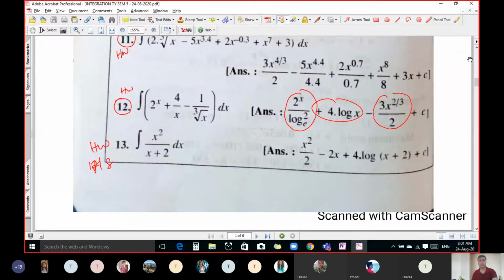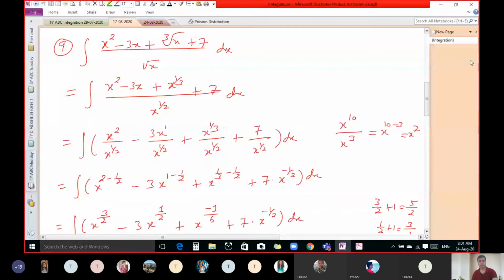The question is integration of x square upon x plus 2 dx.